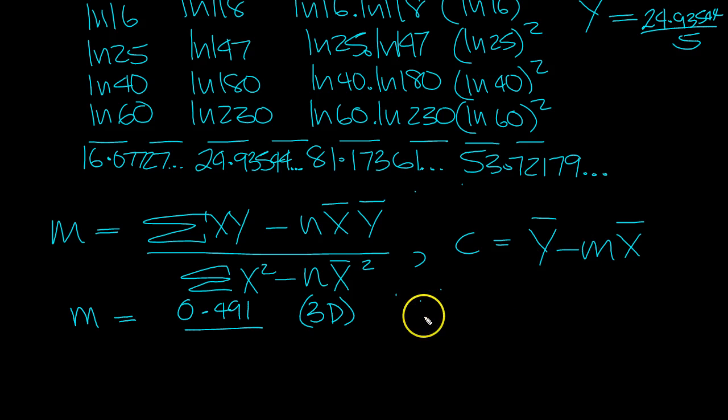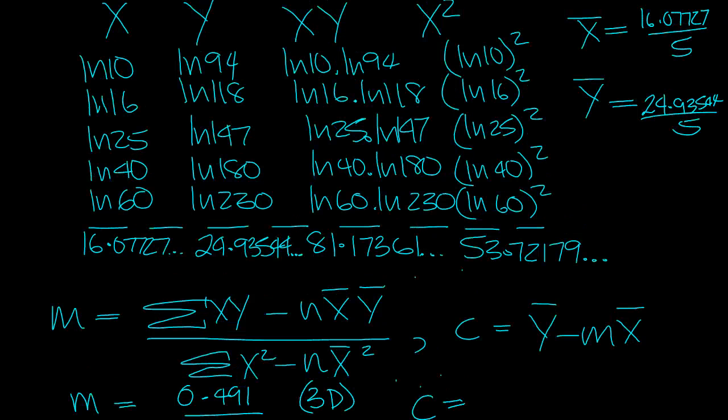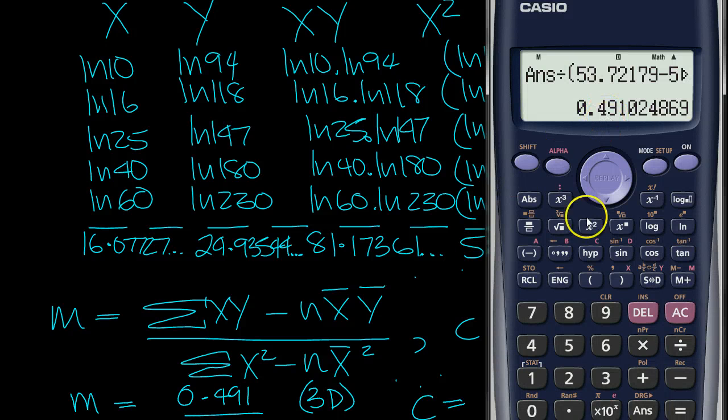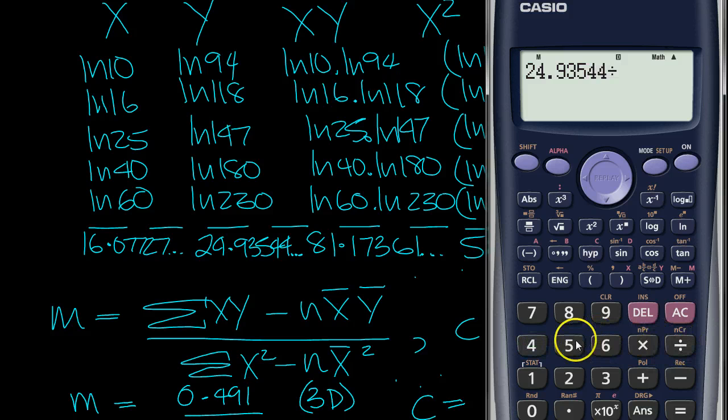There's m. Okay, and then c is equal to y bar minus m x bar. So there's m. So y bar is 24.935 divided by 5.